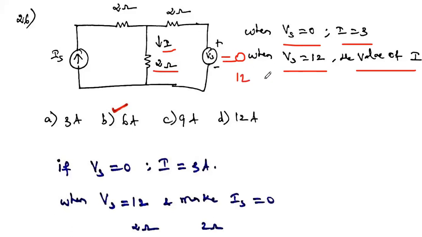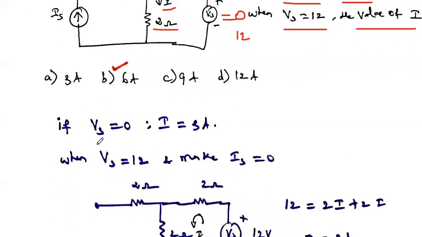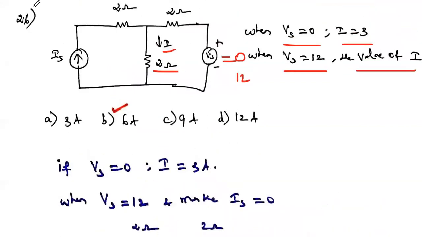So the first thing, just note down the data: when Vs is equal to 0, the current is 3 amps. Our aim is to find I when Vs is equal to 12.